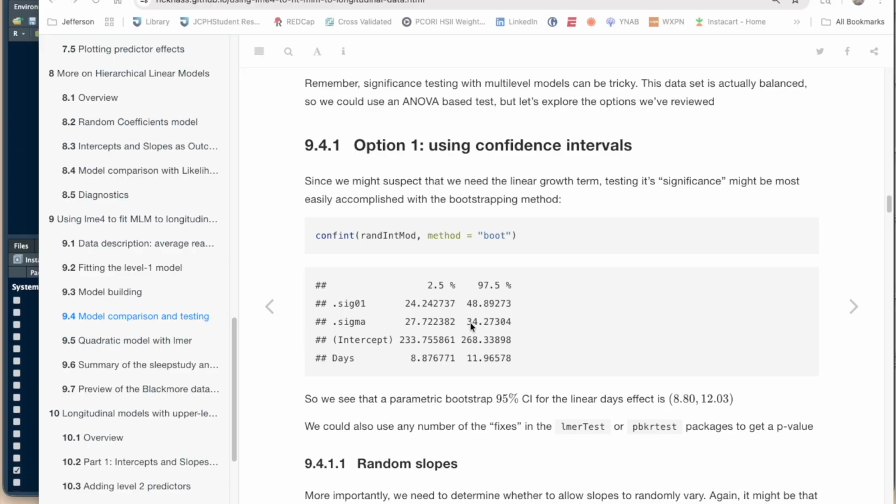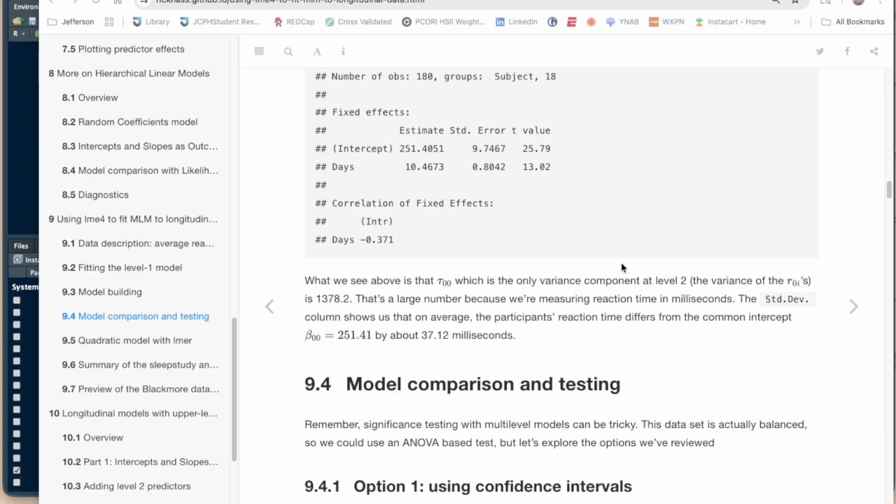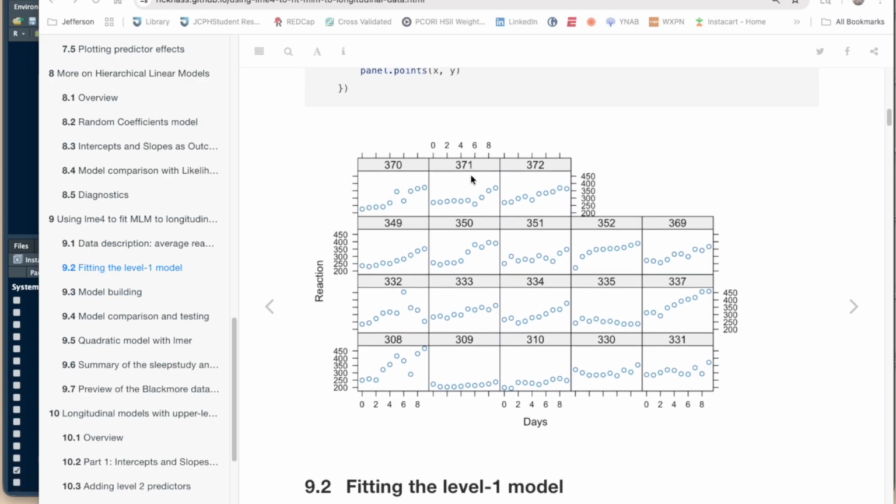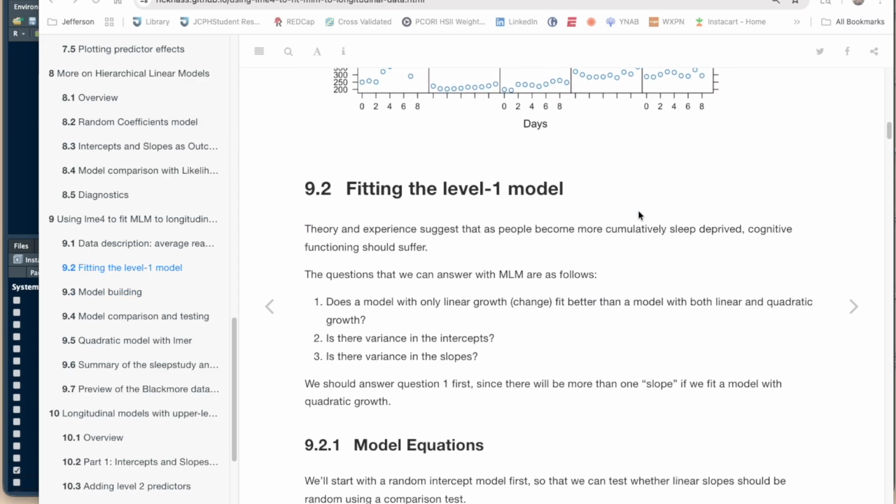We wouldn't expect little sigma to be 0, but we can see that the variance in the intercepts is clearly much different from 0, such that we would want that term in the model. We almost have to. Our design calls for some way to take into account that these are repeated measures across participants, right?